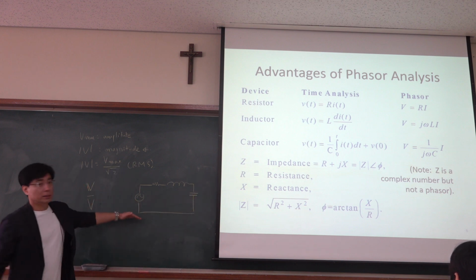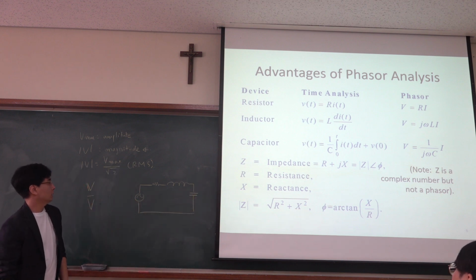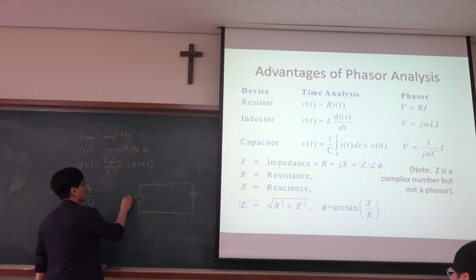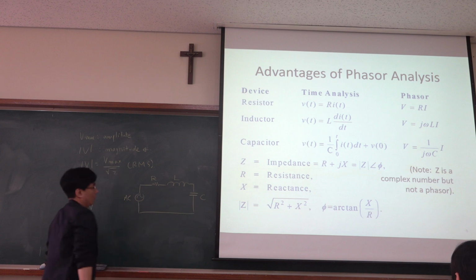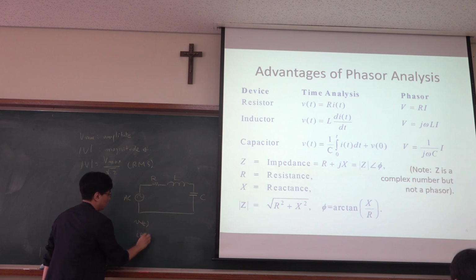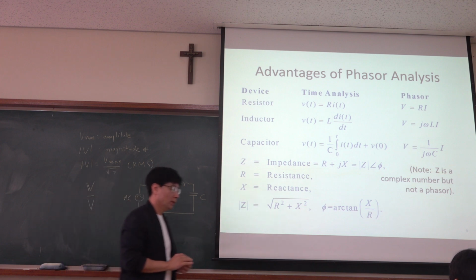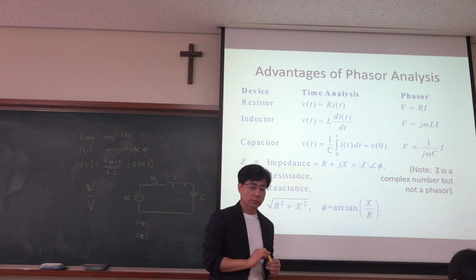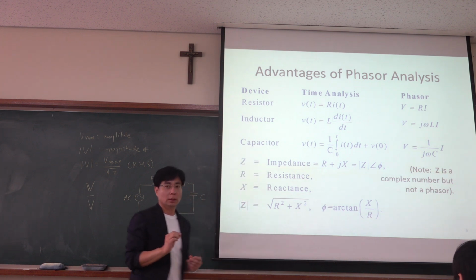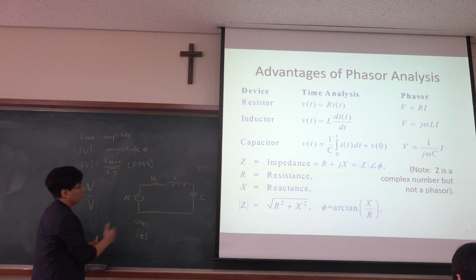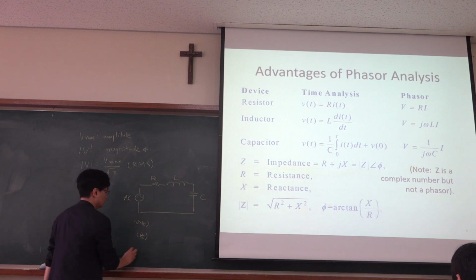This is the most basic AC circuit. We have R, L, C, and to determine the instantaneous voltage and current at any given time, you need to solve a second order differential equation.